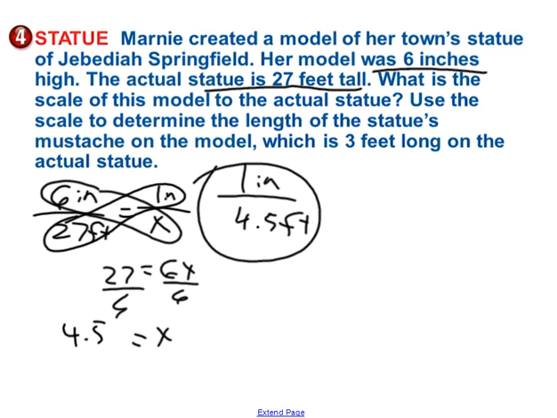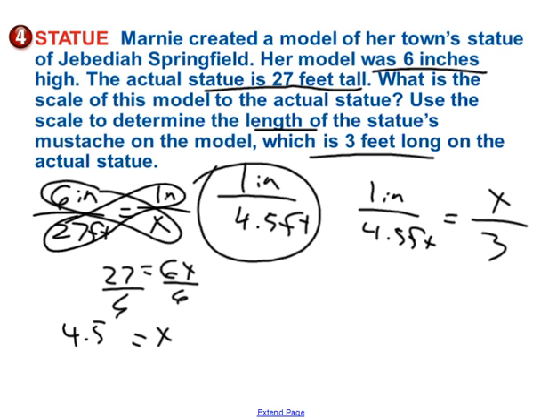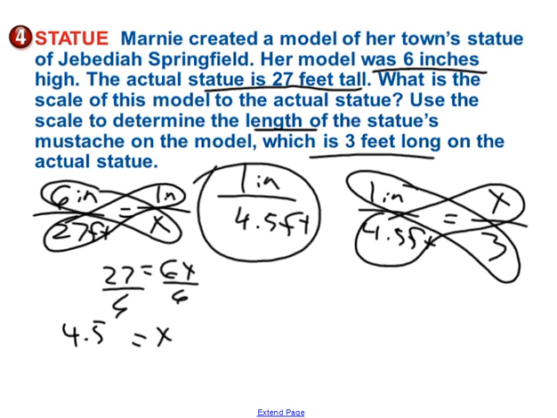That's the first answer, but they asked me to go on, and they say the mustache on the statue is actually 3 feet. What is it on the model? The length of the mustache on the model. So 1 inch is to 4.5 feet, as an unknown number of inches is to 3 feet. I'm going to do my cross products again. 4.5x is equal to 3.